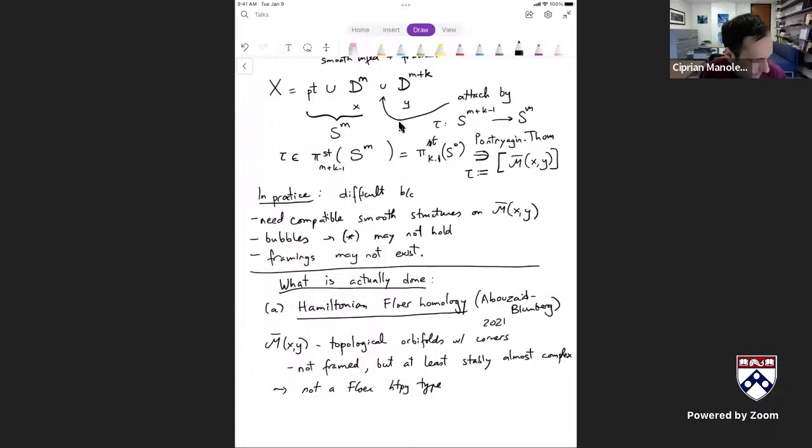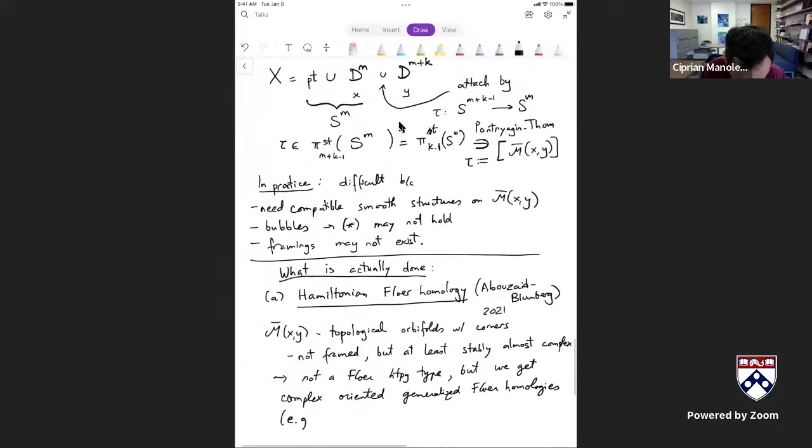but you still get something just from the stably almost complex structure: complex oriented generalized Floer homology theories. So instead of just Floer homology, there are various generalized Floer homologies that you can get.